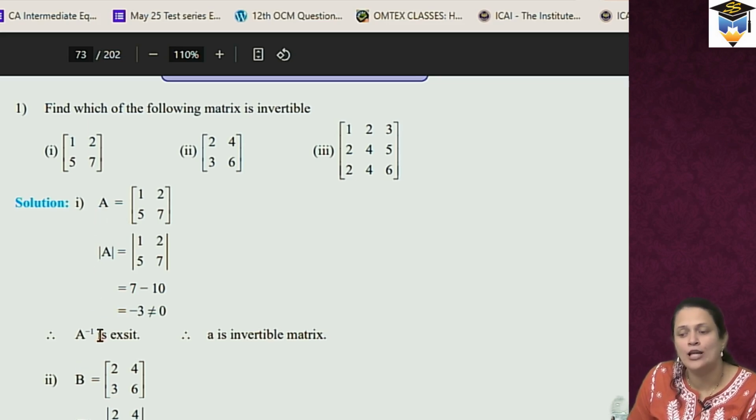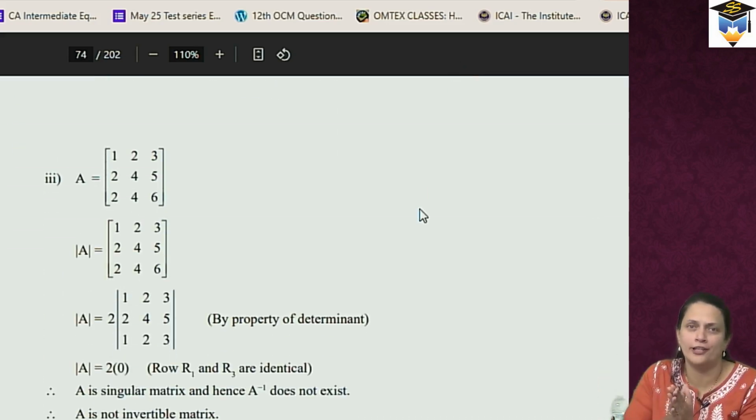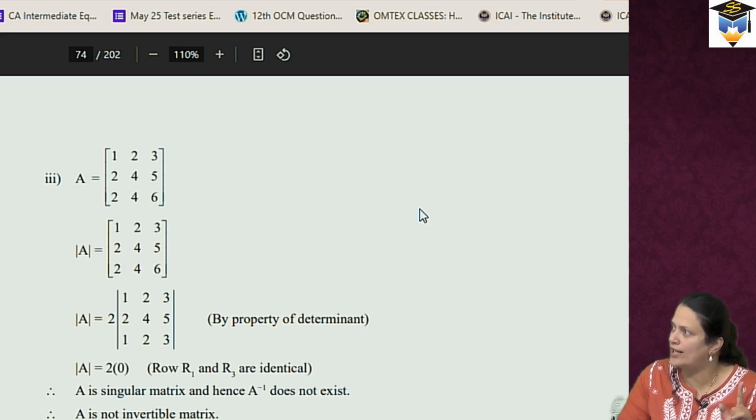If the value of the determinant is equal to 0, then we say it does not exist. Please remember this very well. Always for inverse to be there, you have to prove that the value of the determinant is not equal to 0. If it is not equal to 0, then an inverse exists. If it is equal to 0, then inverse does not exist. Understood? Any doubt, anyone?